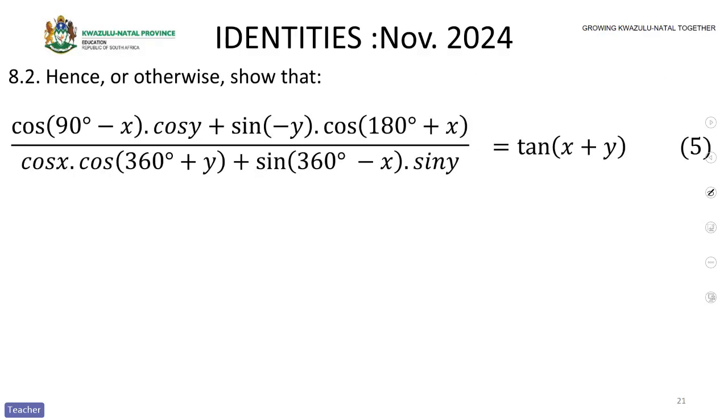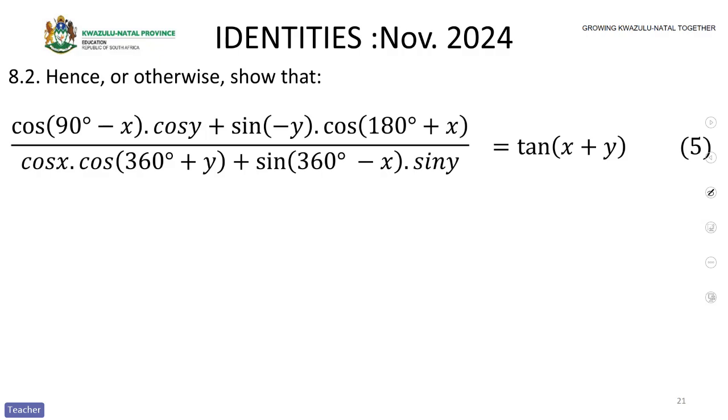So we were also asked, after we have added my sum, to prove the identity. To prove the identity is to prove that the left-hand side equals the right-hand side. How then can we prove it? We follow what we did last time. If we look at this one, the angles are not the same.